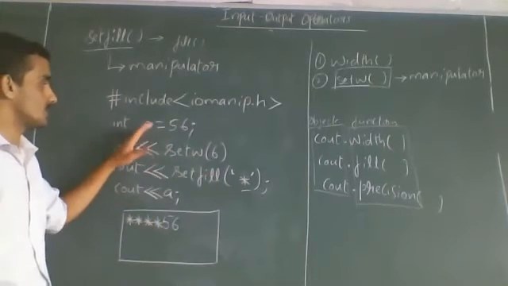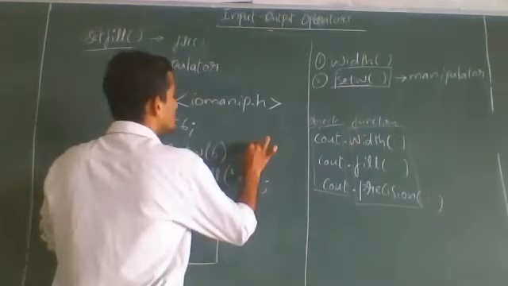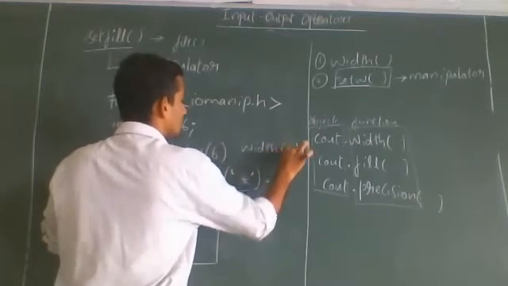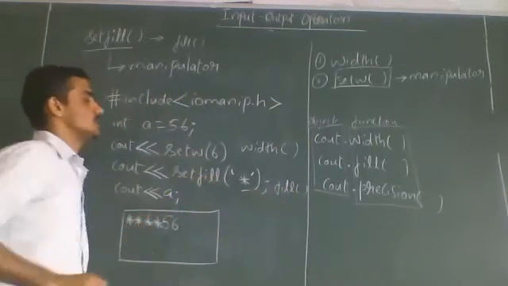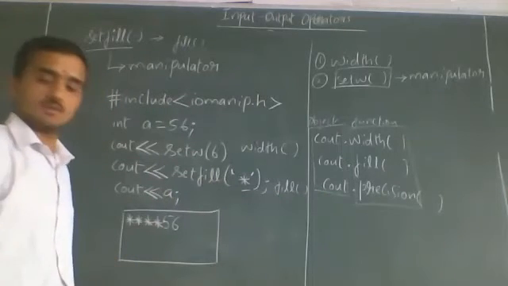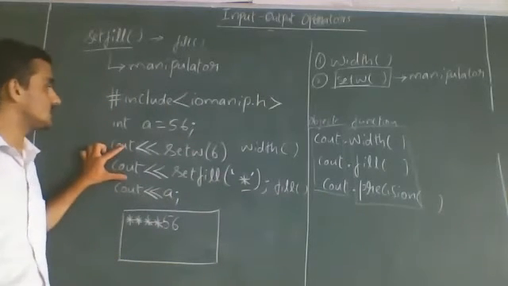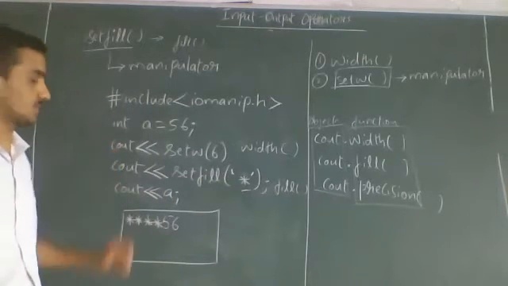In the previous example, we have used the width function and fill function. So in this example, I am using the setw function and setfill function. Now these three statements can be written in one statement. I will tell you how to write.